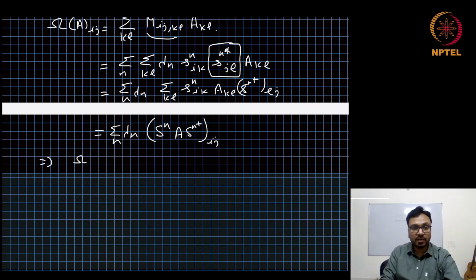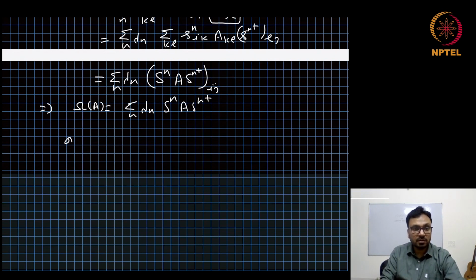This implies that omega of A is nothing but sum over n lambda n S n A S n dagger, or M matrix will be sum over n lambda n S n tensor S n star. Let me start.